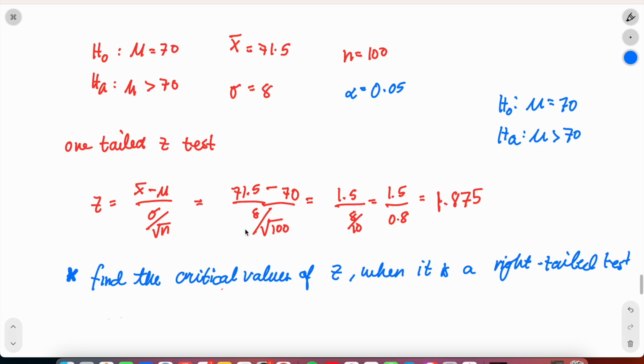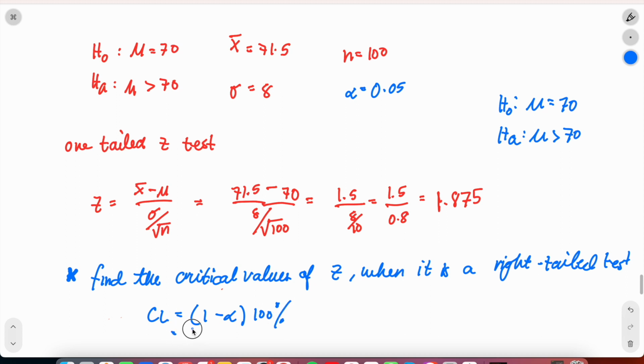And so to find the critical values, if you can recall, the confidence level is actually 1 minus alpha times 100, right?